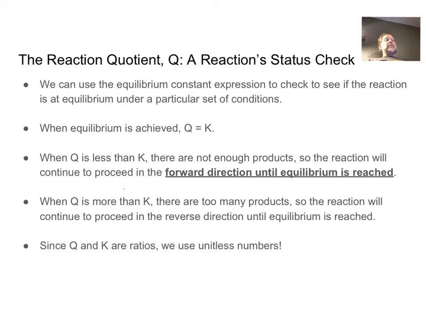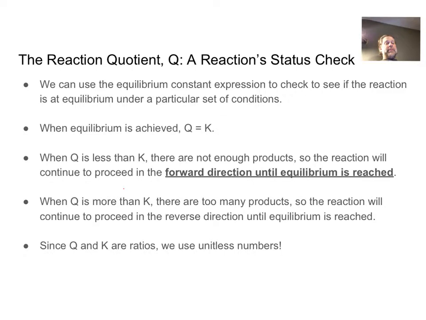If Q is less than K, there's not enough product, so the reaction will continue in a forward direction until equilibrium is reached. That is, we would have a lot of reactant and not enough products. When Q is more than K, there are way too many products for us to be at equilibrium, so the reaction will reverse until we get to equilibrium. And since Q and K are ratios, they're going to be unitless numbers again.